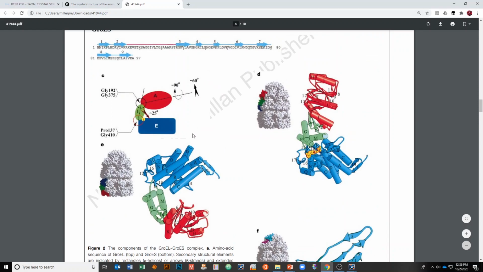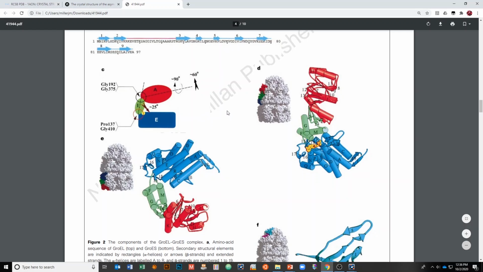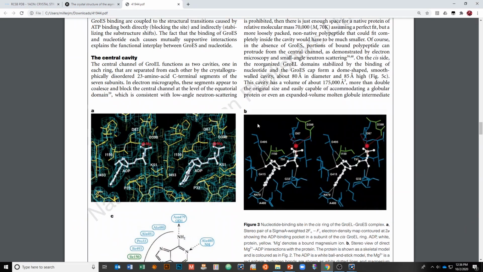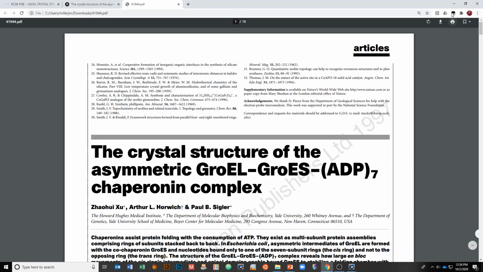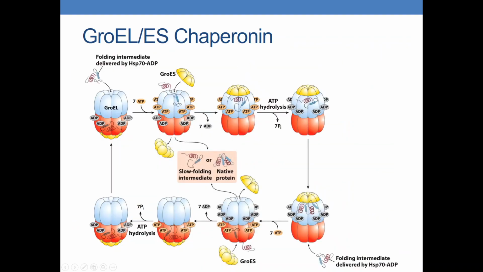They quantified what the conformational change actually looks like upon hydrolysis of ATP to ADP, and there's about a 90-degree rotation accompanied with a 60-degree change in position for one of those subunits. So they quantified this pretty well. If you're curious, it's all there for you, so feel free to do further reading if you would like.